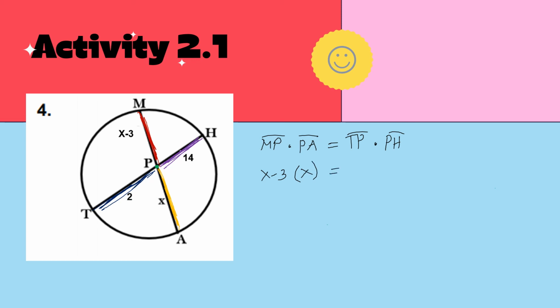And then TP is 2 times PH is 14. Yan. And then solve for x. So, we're going to distribute x here. So, x times x is x squared. And then, negative 3 times x is negative 3x equals 2 times 14 is 28.